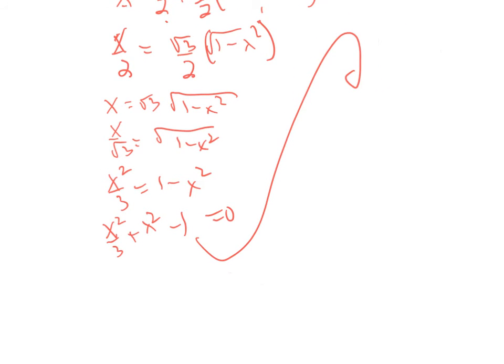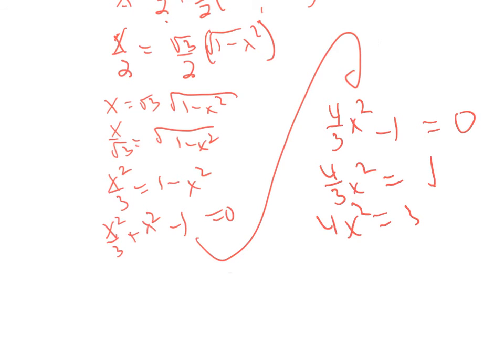That's 1/3 x squared plus 3/3, which gives me 4/3 x squared minus 1 equals 0. 4/3 x squared equals 1. 4x squared equals 3. x squared equals 3/4. x is plus or minus the square root of 3 over 2.